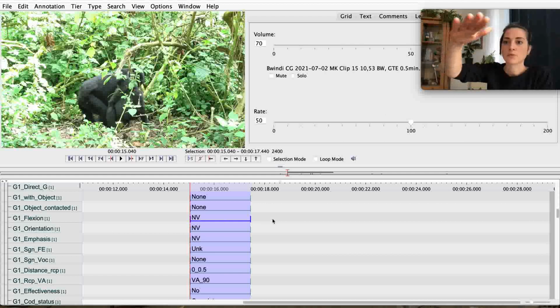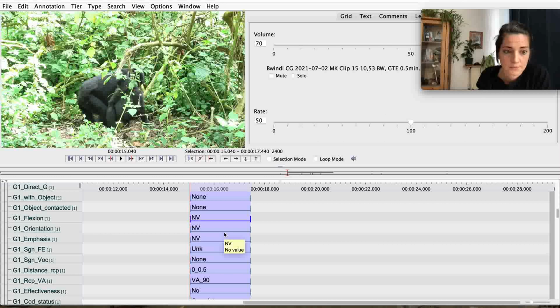So we mark whether the palm was down or up. These are more subtle differences. We could imagine, for example, between different chimpanzee communities, maybe some reach like this and others more like that. And in order to be able to detect these subtle differences, we also have these tiers.